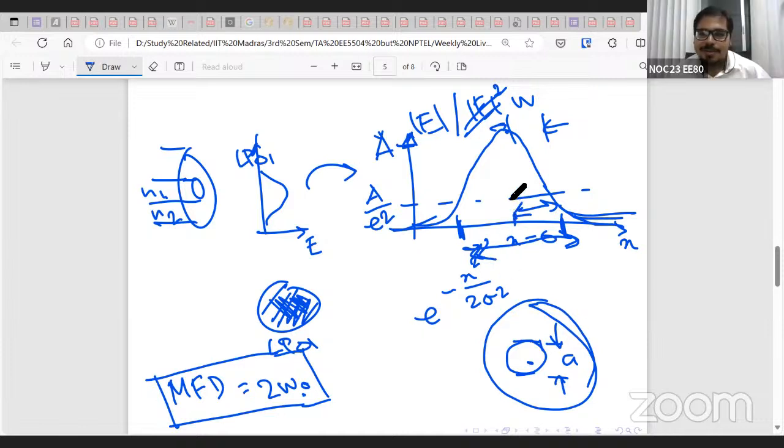So basically, this is the concept of the mode field diameter. I was confusing radius and diameter because A is the radius, I know, but W and 2W I got confused.